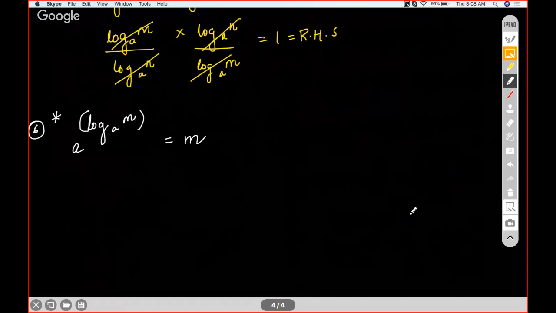That means if this number and this number are the same, then the answer would be this number. Got it. I'll just do a quick verification. Let's say 4 raised to the power log 16 to the base 4. Then if you calculate the power, it is actually 2, which gives you 16 itself. So this number comes as the answer.